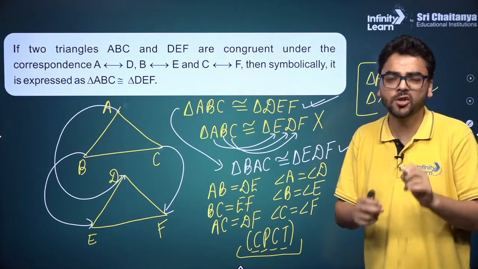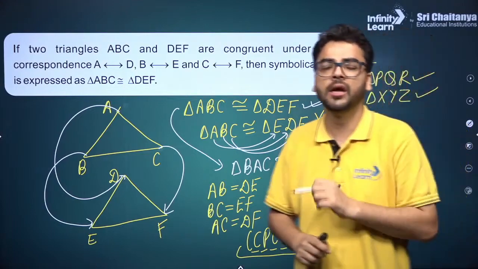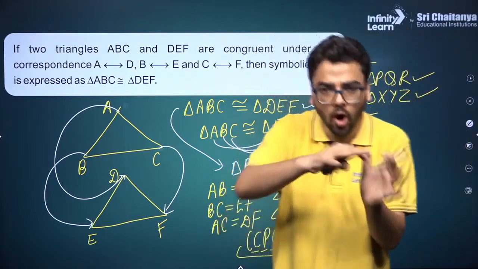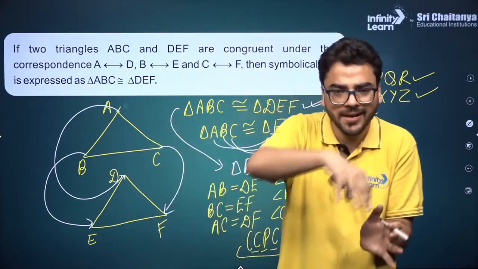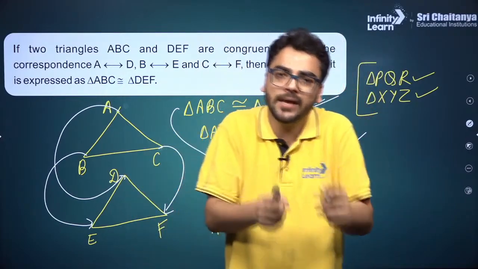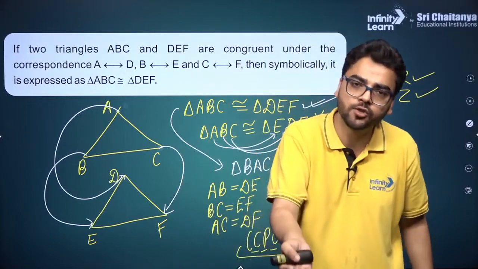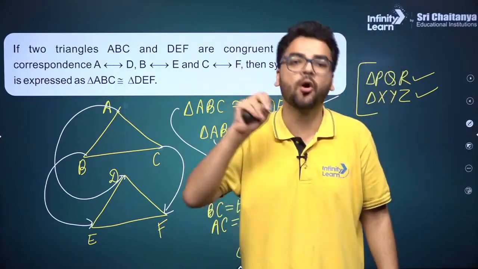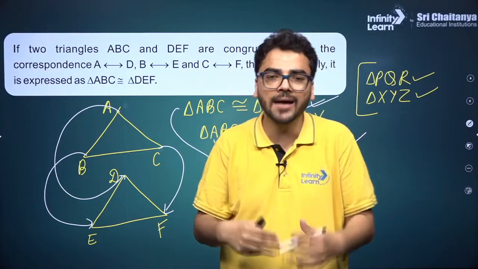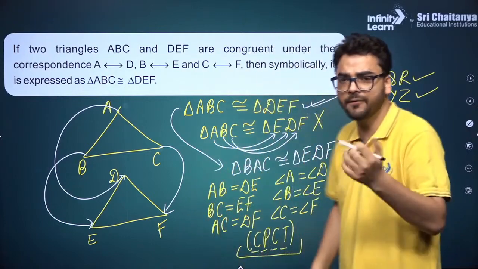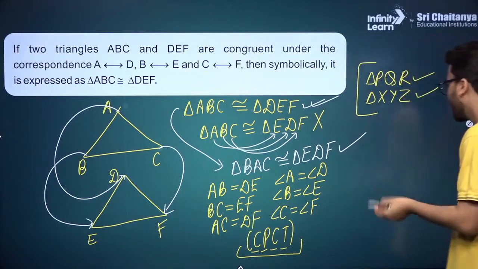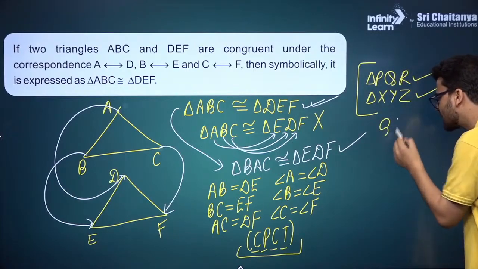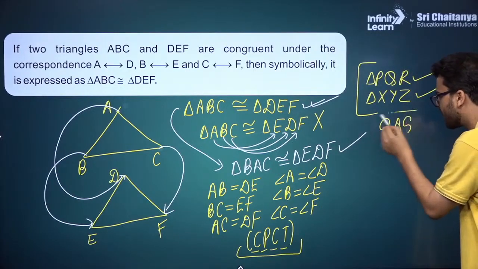Yes, correct, Kunal. So the answer to it is no. You don't need to prove all the 6 pairs to be equal, that is 3 angles and 3 sides, to prove two triangles to be congruent. It is not compulsory on your part because there are some rules. For example, we'll see them one by one, but first I'm introducing it. There is one rule, SAS congruency criterion.